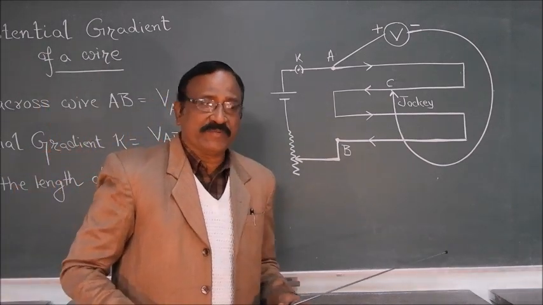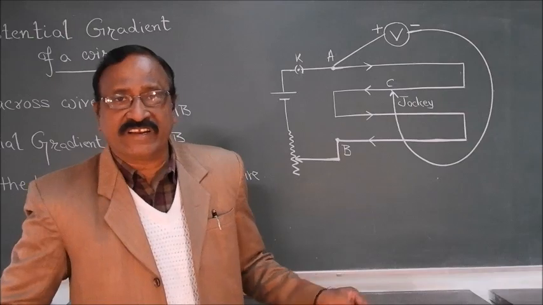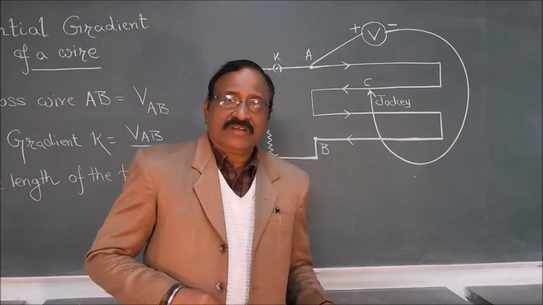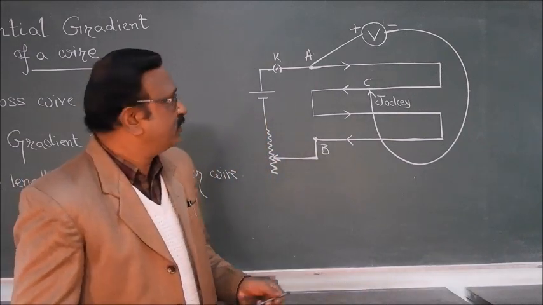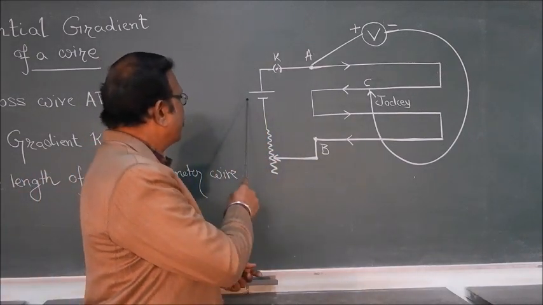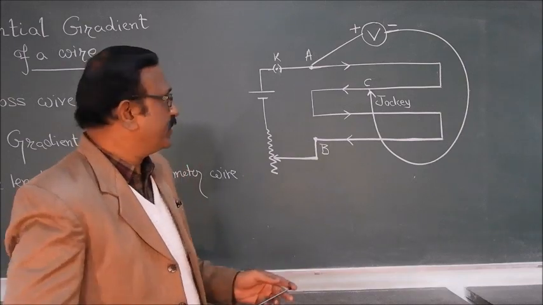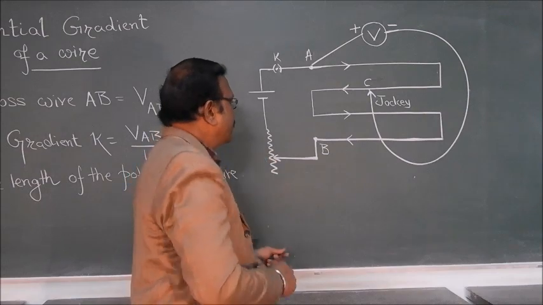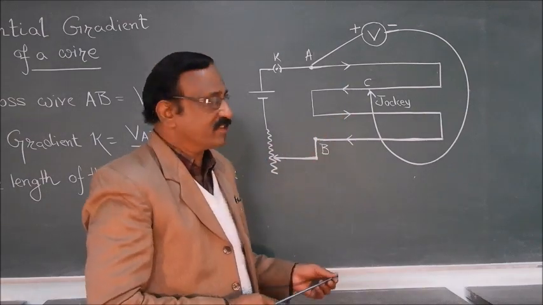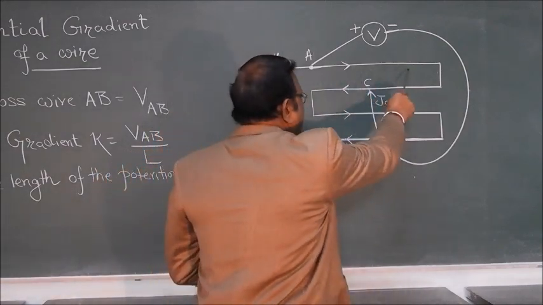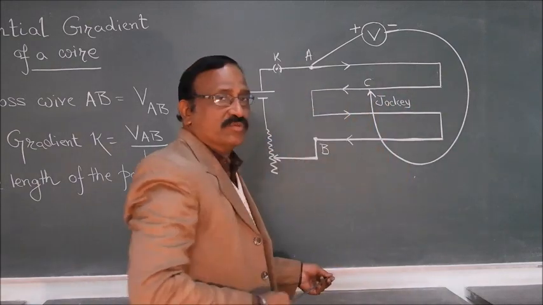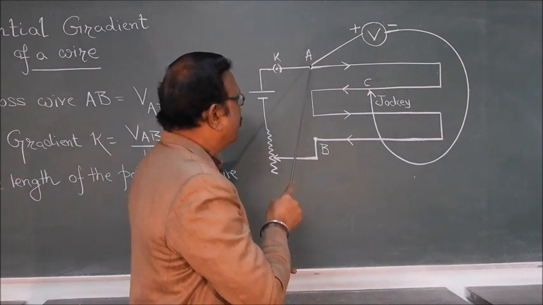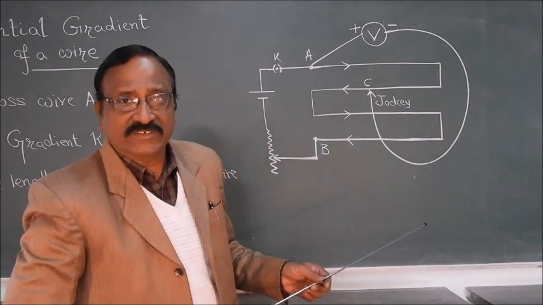Now we'll perform an experiment to find out the potential gradient of a wire. In today's experiment, we'll first give a certain amount of potential difference from the battery eliminator. At a particular position of the rheostat, we'll start taking the observations. We touch the jockey at different points on the potentiometer wire. When I touch at different points, it will measure the potential difference across this point.